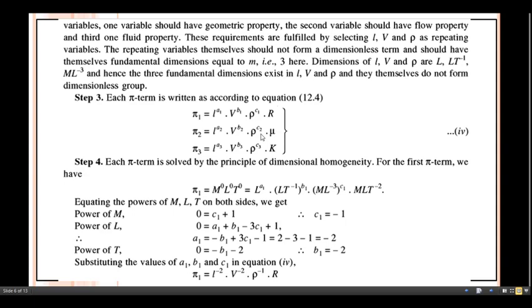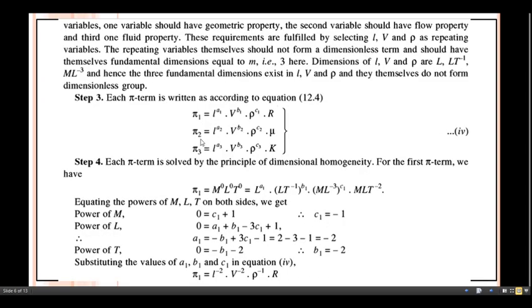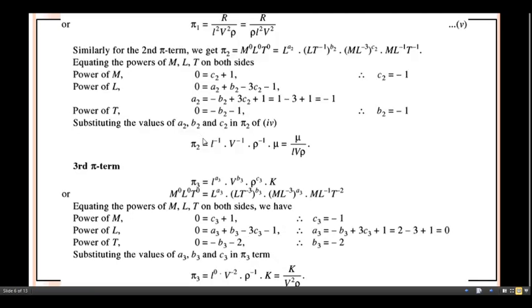So with respect to this, again equate everything and get the values of A2, C2, B2, etc. Again put the values of A2, B2, C2 into this equation, and see what we can get here. So pi 2 equals, after solving we can get the value for A2 as minus 1.